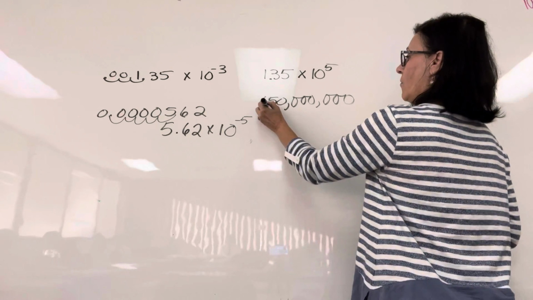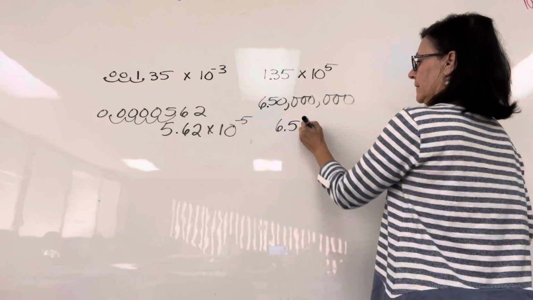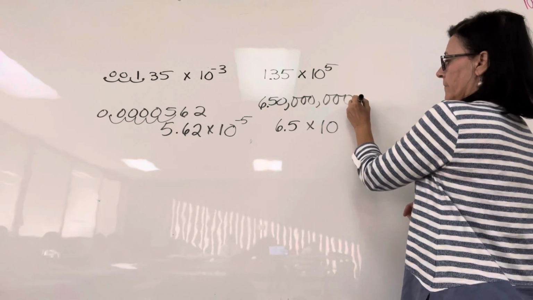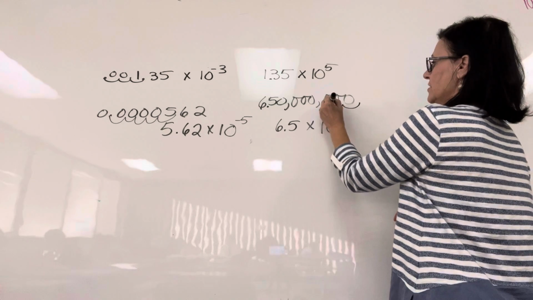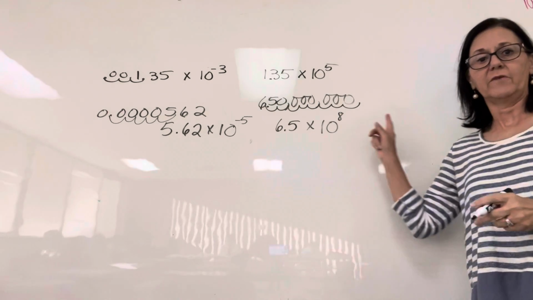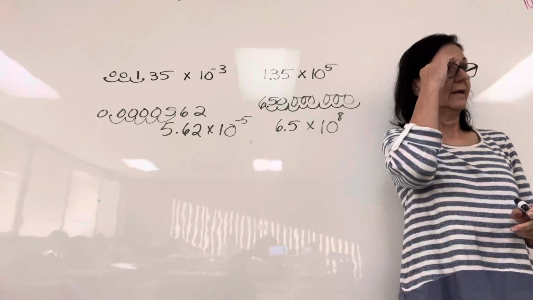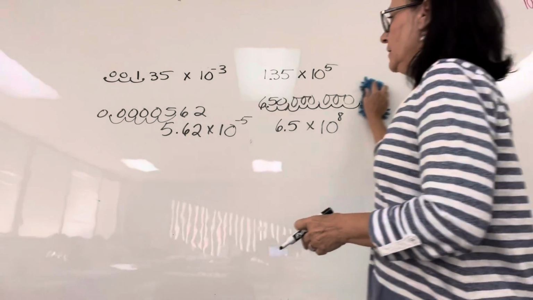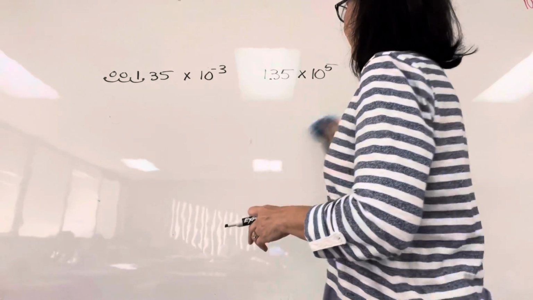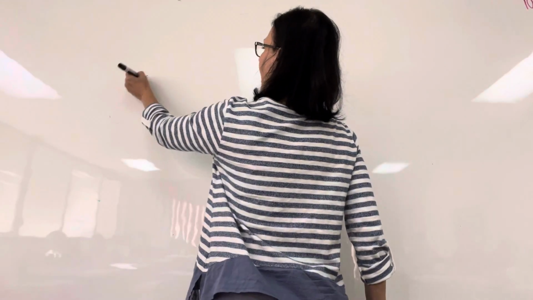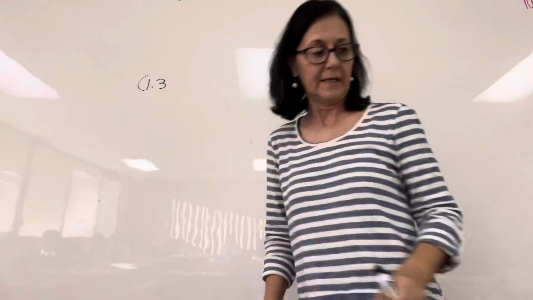And always we have one digit to the left of the decimal place. I look and I count back 1, 2, 3, 4, 5, 6, 7, 8, and it's positive because it tells me I move it back in the positive direction to go back to the original number. All right, so we can convert values to scientific form.